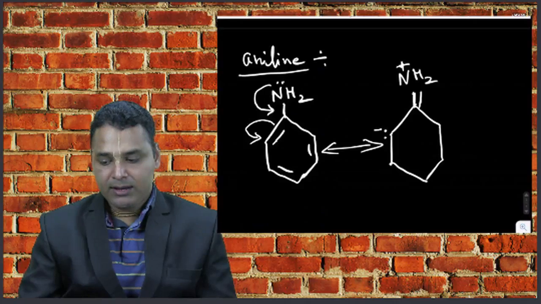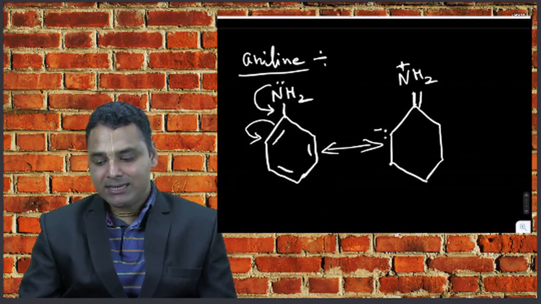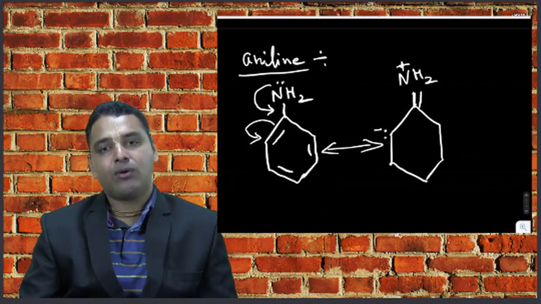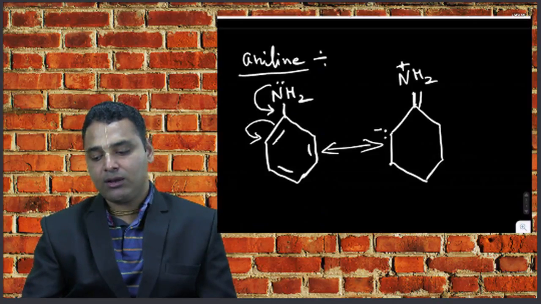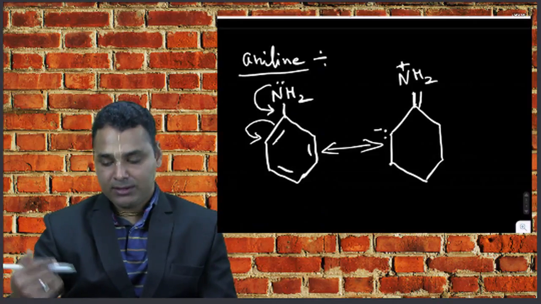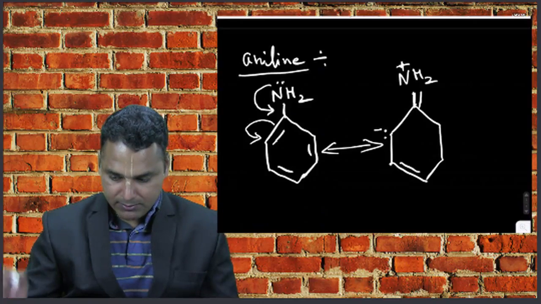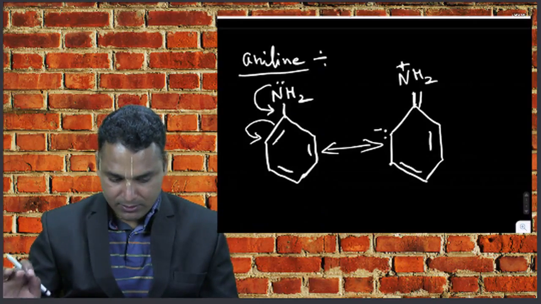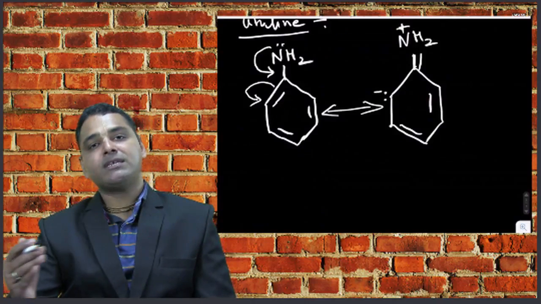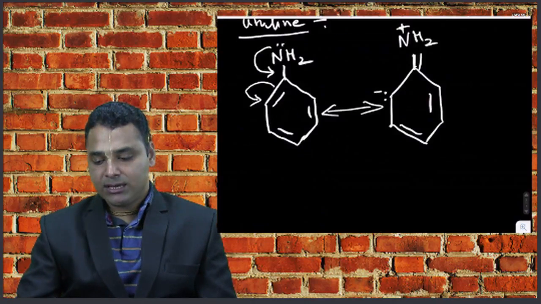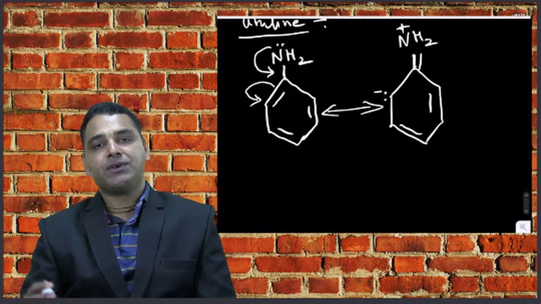We will not put the double bond here because it has been broken, and the lone pair of electrons has shifted to this position. And the rest is the same. But now the shifting is going on. Now this lone pair of electrons will shift further.